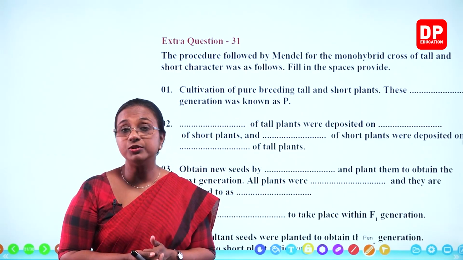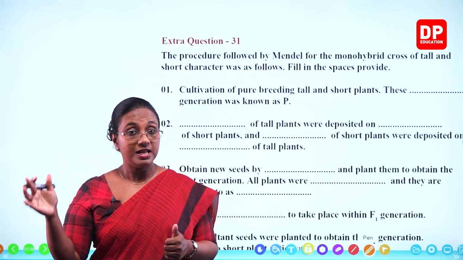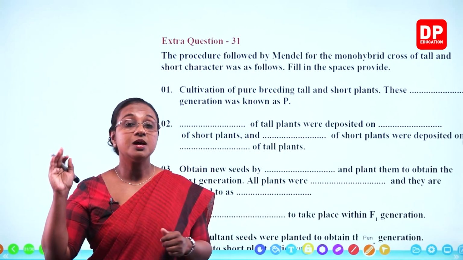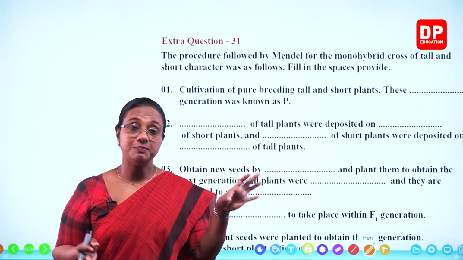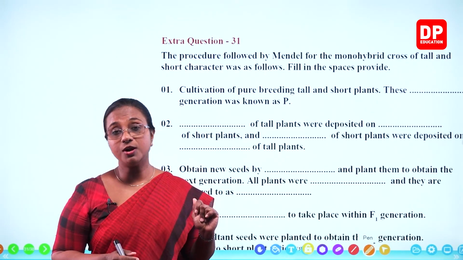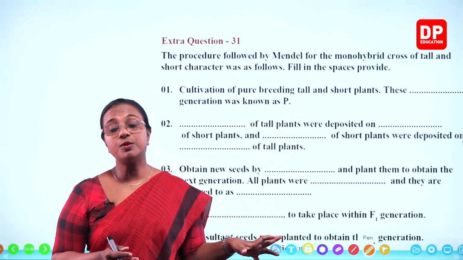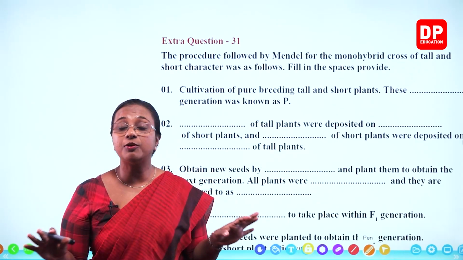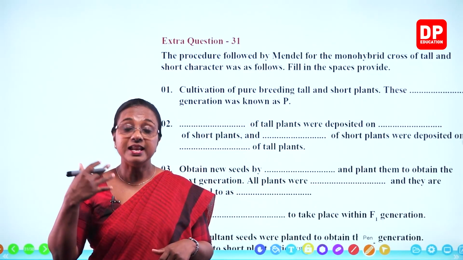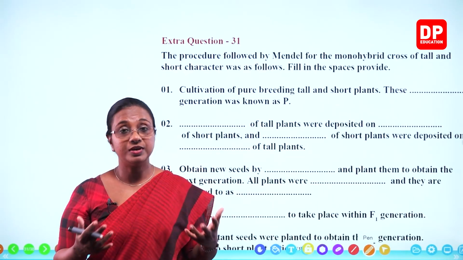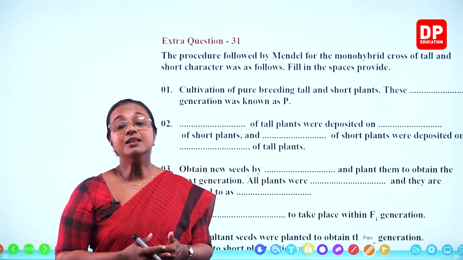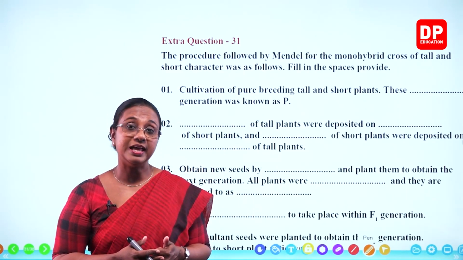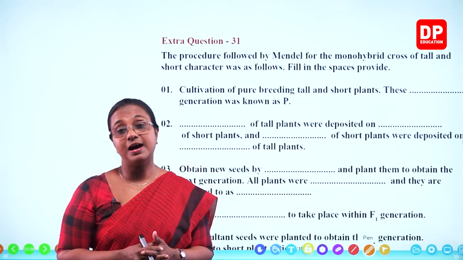How did he carry out the cross-pollination? Let's say if it's tall and short plants, pollens of the tall plants were deposited on the stigma of the short plants. Pollens from the short plants were deposited on the stigma of the tall plants. So only cross-pollination. Then they were allowed to fertilize, and then the seeds were obtained and the seeds were planted.